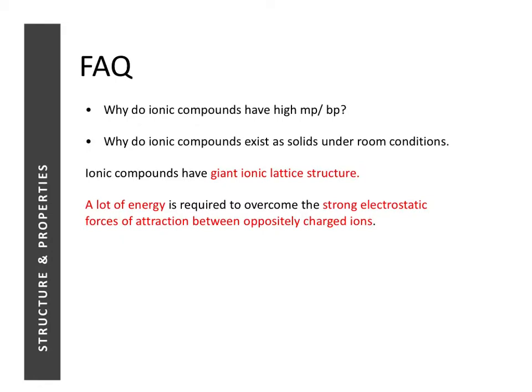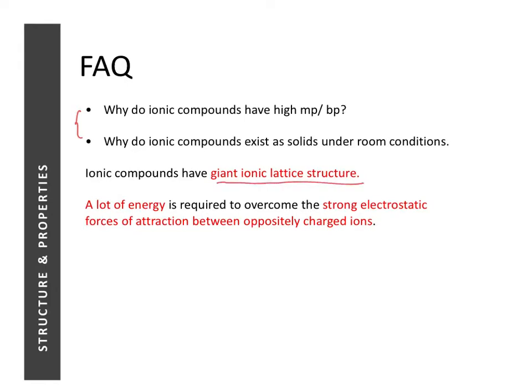Okay, as mentioned, ionic compounds have high melting point, boiling point. For these two questions, they actually mean the same thing. When something has a high melting point, boiling point, it will exist as a solid under room conditions, and vice versa. To explain why ionic compounds have high melting point, boiling points, I would recommend that you write out the structure first.